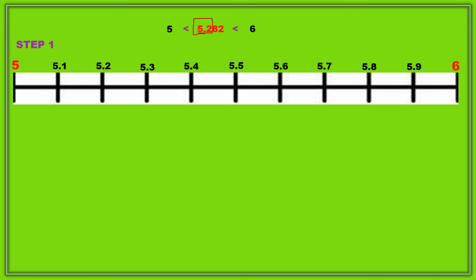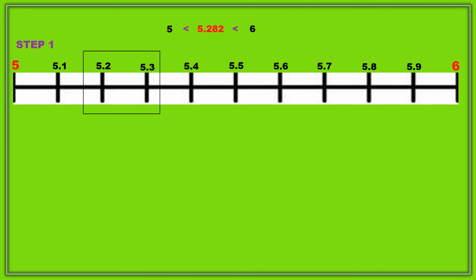There are digits after 2, so it is not exactly 5.2, it is lying in between 5.2 and 5.3. So let me mark 5.2 and 5.3.